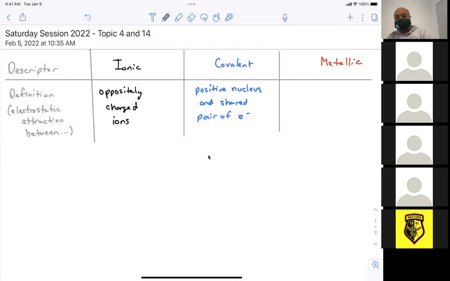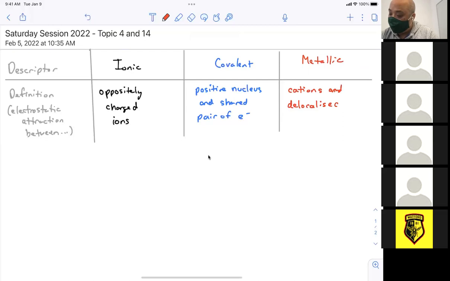Please do ask questions if there's anything that I've written that might be confusing. Metallic is defined as the attraction between cations and delocalized electrons. Okay, so that's the definition of each type of bonding. And if they ask you this on multiple choice or short answer, that's what you want to say when they ask that.